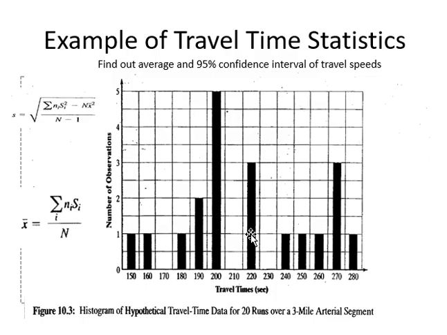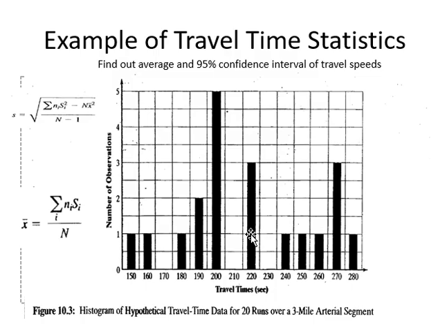Clear? It's the same data which we had earlier for the spot speed table: the middle values and the number of observations. So the 150 group had one value, the 160 group had one value, 170 had 0, 180 had 1, 190 had 2, and so on.